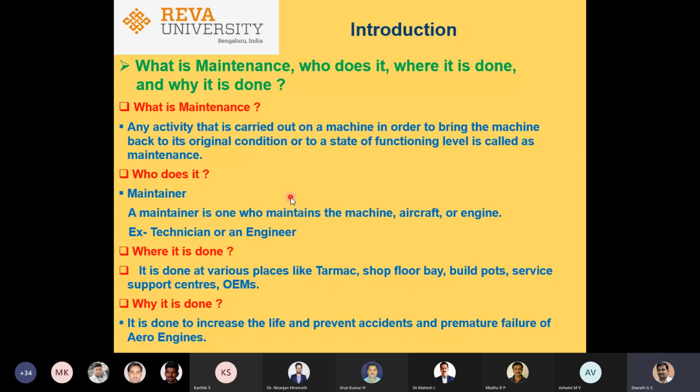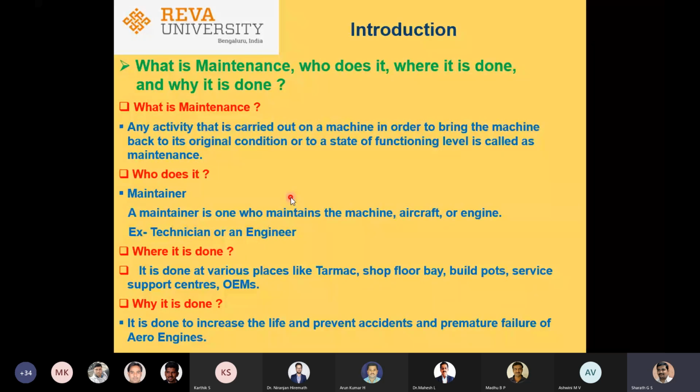Any activity that is carried out on a machine in order to bring the machine back to its original condition or to a state of functioning level is called maintenance. Who does it? It is done by a maintainer. The maintainer could be an engineer or a technician. Where is it done?